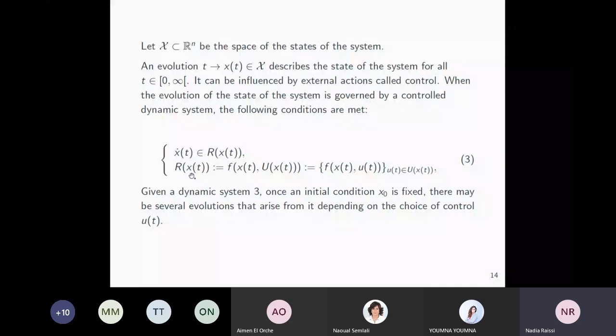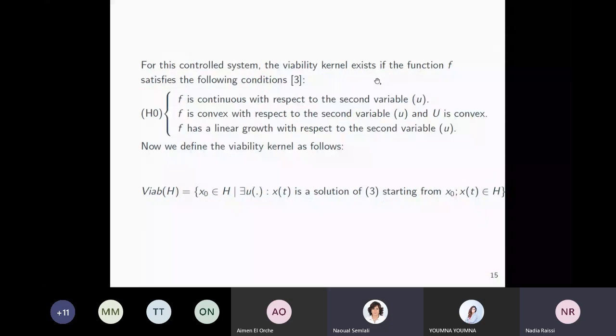So if we take X dot as a multifunction of a controlled model, the existence of such a viability kernel, meaning the existence of a set in which we can find some control making us stay, requires that the multifunction should be continuous with respect to the control variable, should also be convex for the control variable, the set of constraints on the control should be convex, and the multifunction should have a linear growth, which is practically easy to check.